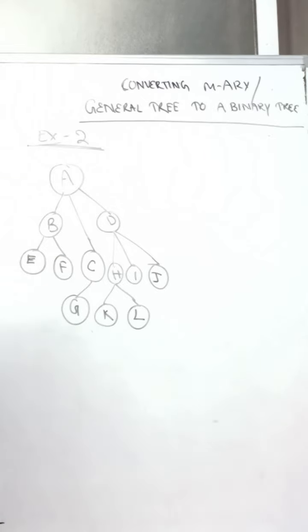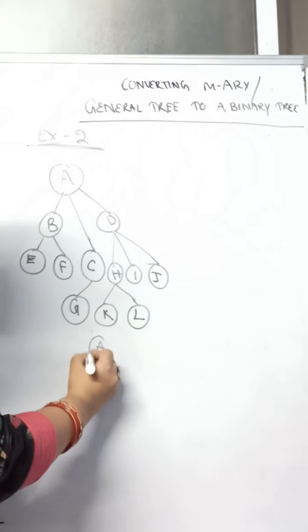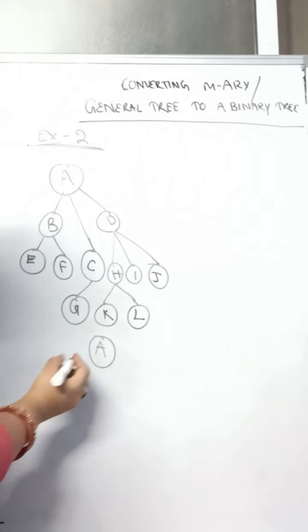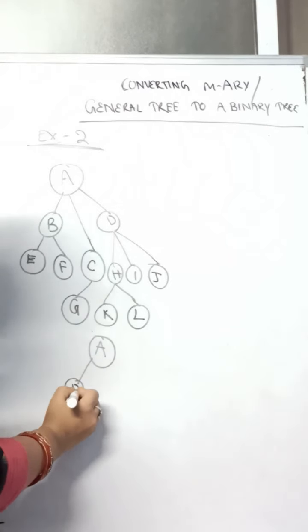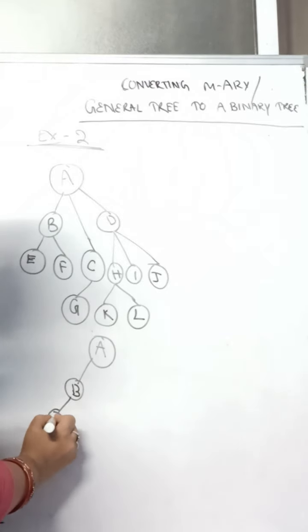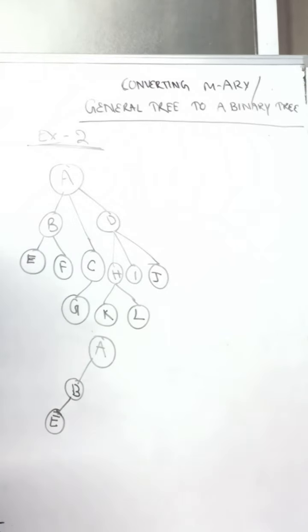So now think how this will be done. First I have to convert it as first child next sibling. Okay, I will do this. So A, I have to keep B, I have to keep E, because I have to keep the leftmost child.